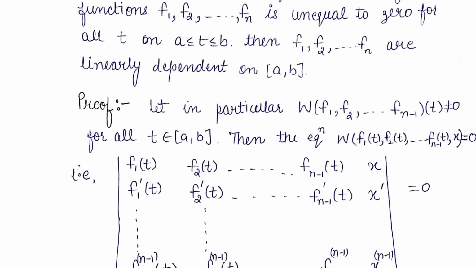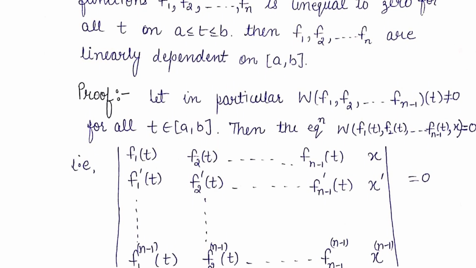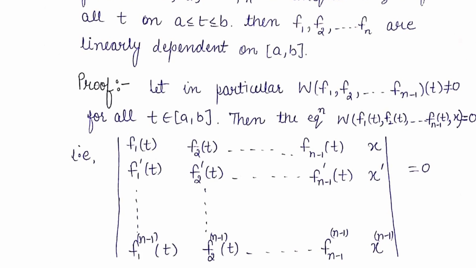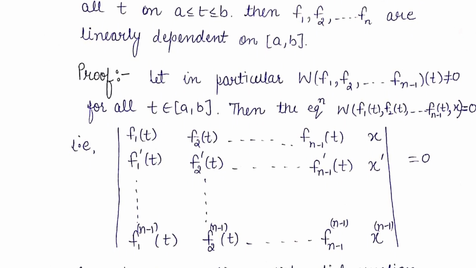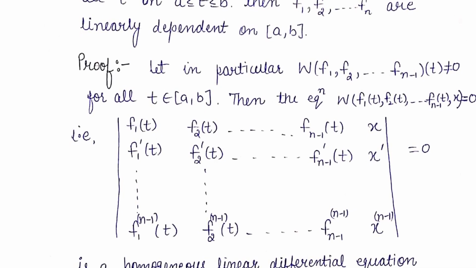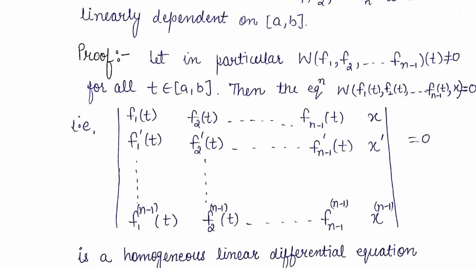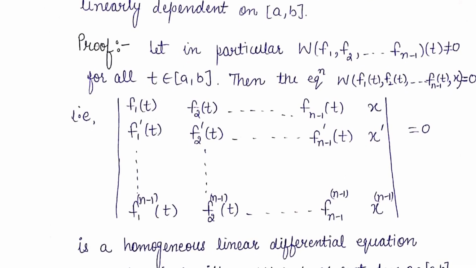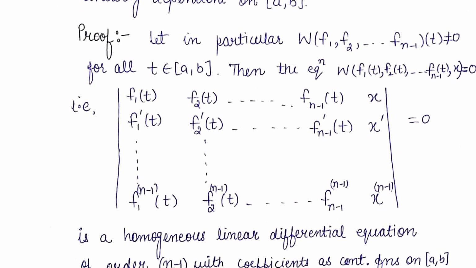Then, writing the equation Wronskian of f1, f2, ..., f(n-1), x equal to 0 in determinant form, we get that when we expand this determinant equation, the equation is of order n minus 1 and the coefficients of the equation are continuous functions on [a, b]. Why are these continuous? Because we are given that the functions f1, f2, ..., fn are all continuous up to order n minus 1.